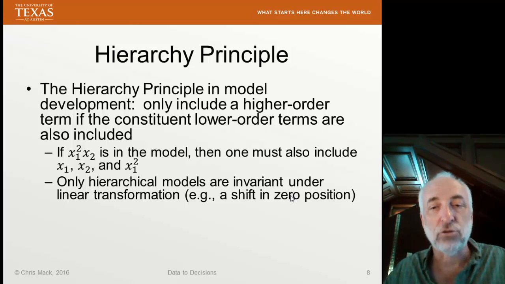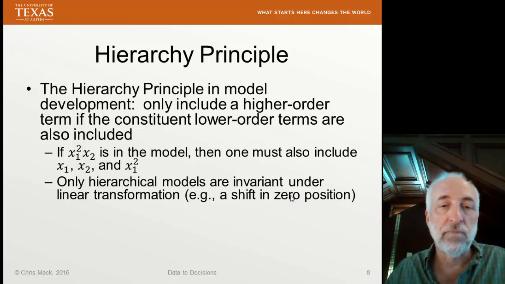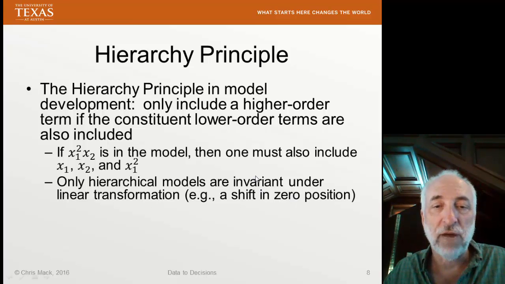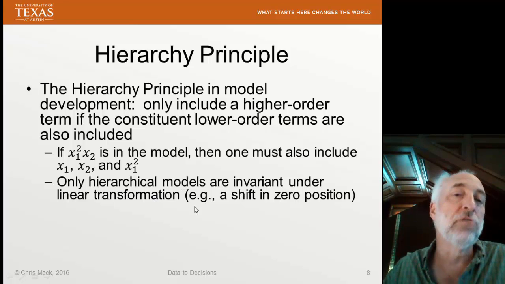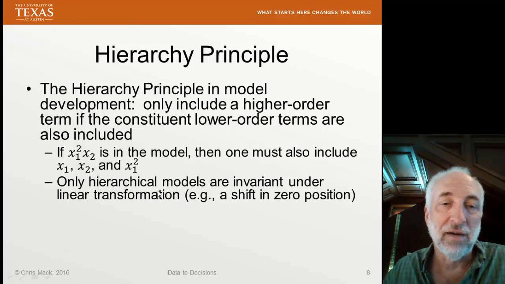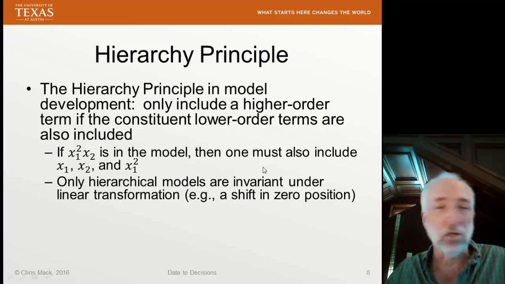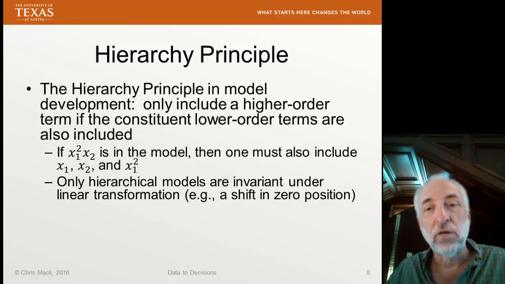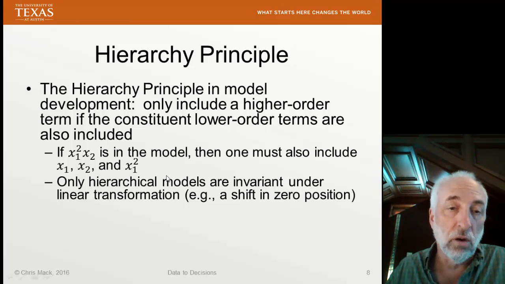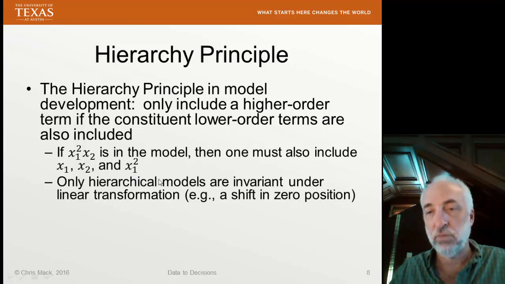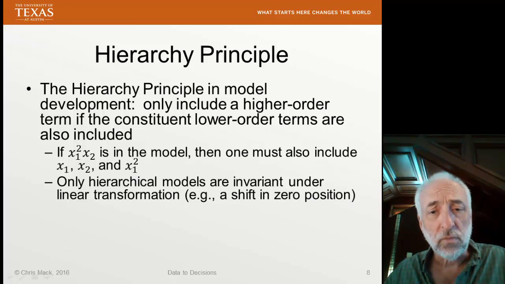If we don't have a natural 0, then it seems very strange that if I were to change the units of one of my variables, that all of a sudden my model goes from being a really good model to being a really bad model. And that can happen if you don't include these lower order terms when you do have the higher order terms involved.